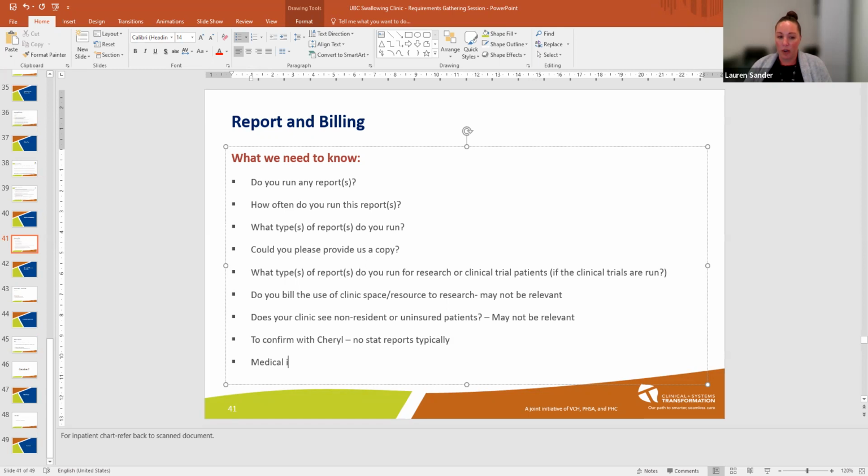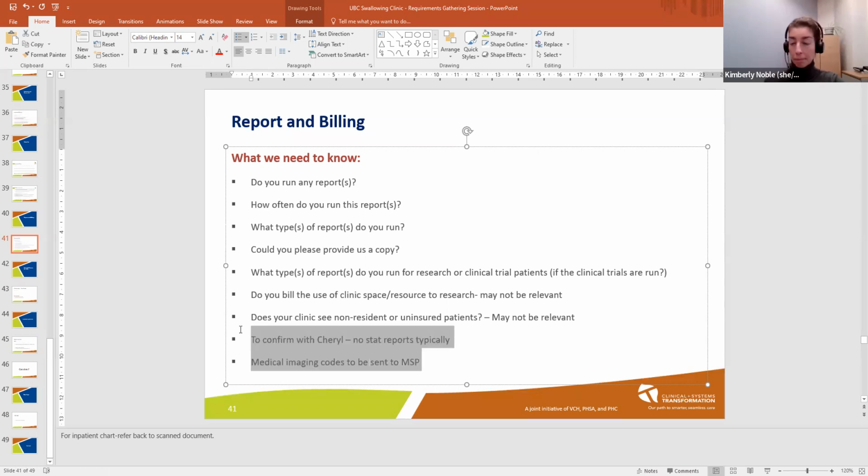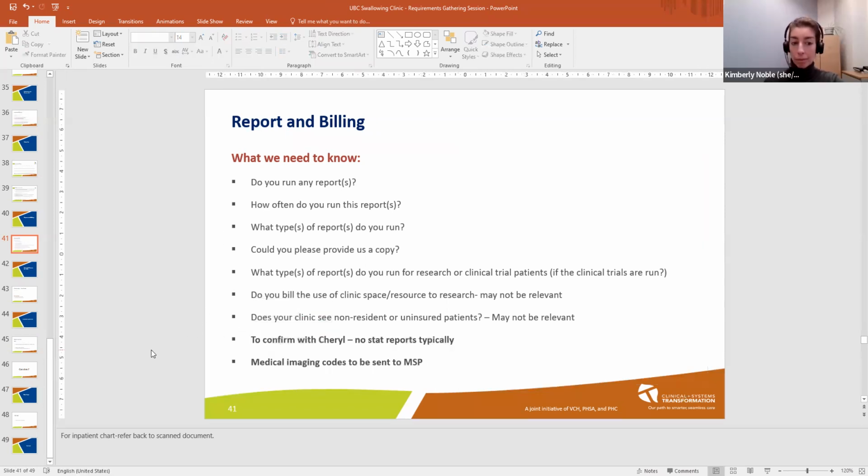Kelvin, would you guys be able to send the exam codes? Oh, if it's the med imaging part, that's fine. I just didn't know, is there anything else that you guys are submitting? Because I know PTs, OTs, and SLPs can submit some professional fees. So I wasn't certain if you guys are getting any sort of compensation back for any of your consultations, or any sort of, and nothing for the interpretation. No. Okay, awesome.